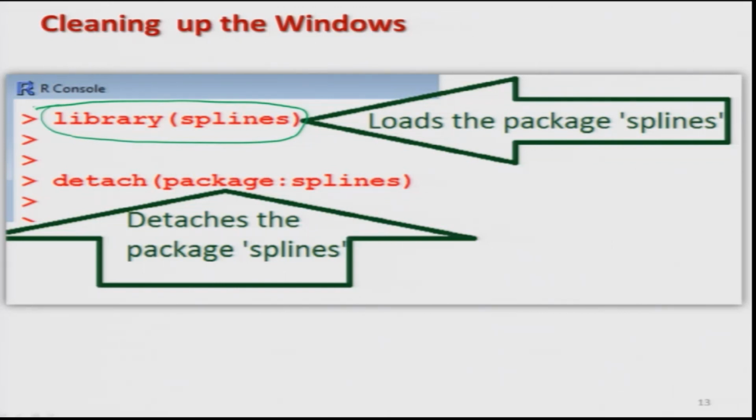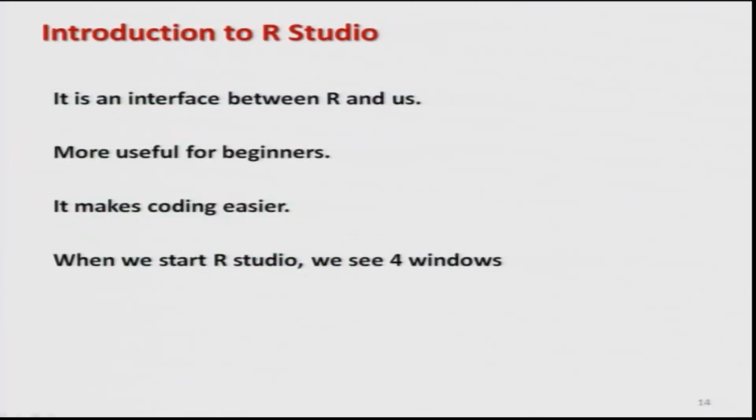So the best option is that you simply write detach, package, and with this colon sign you have to write splines. So now this command will detach the package whose name is splines. So these are some good habits whenever you are writing a program.